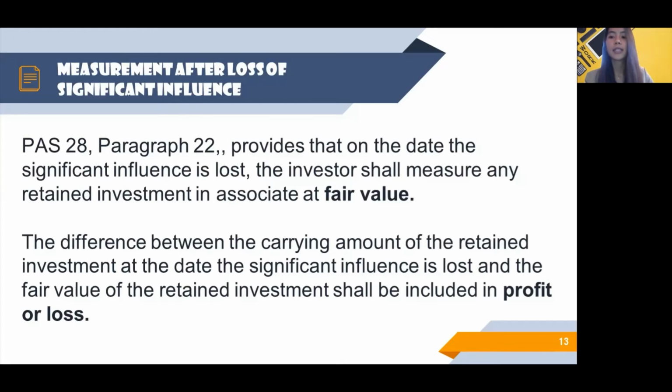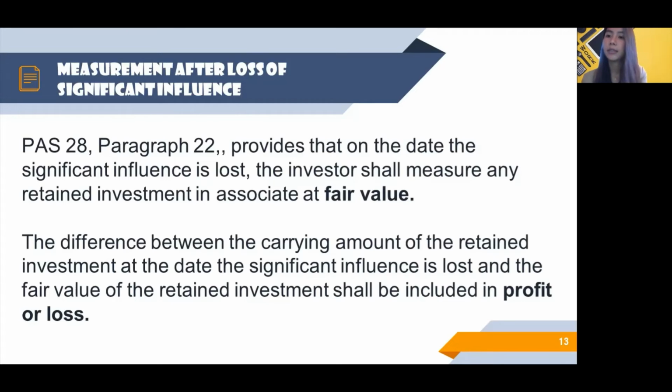And the difference between the carrying amount of the retained investment at the date the significant influence is lost and the fair value of the retained investment shall be included in the profit or loss. So take note na kapag yung loss of significant influence is due to decrease of ownership or below 20%, i-account natin siya using the financial asset at fair value under PFRS 9.